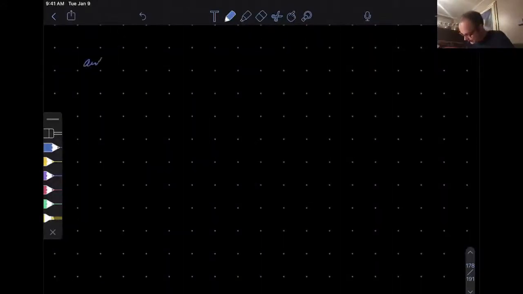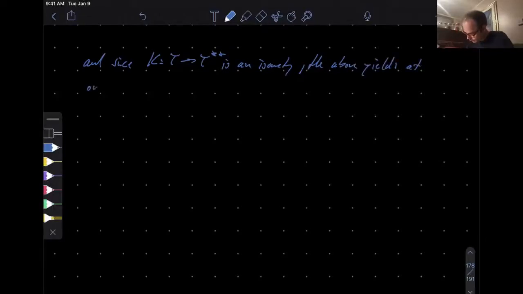And since k is an isometry, the above yields at once that not k, that T is compact on X, Y.